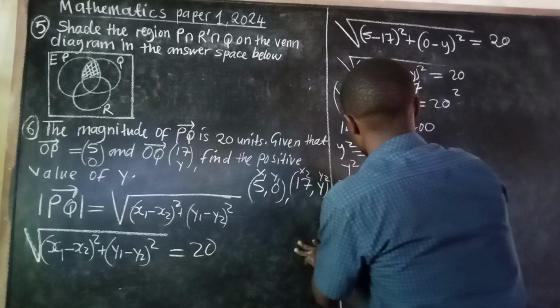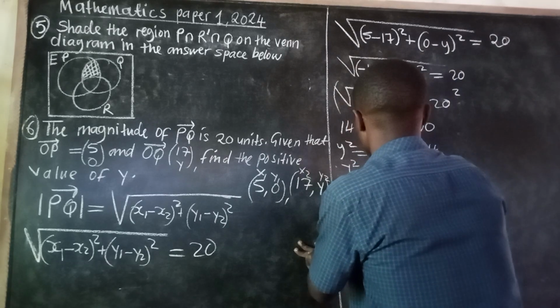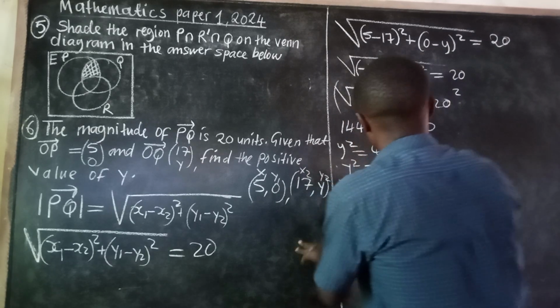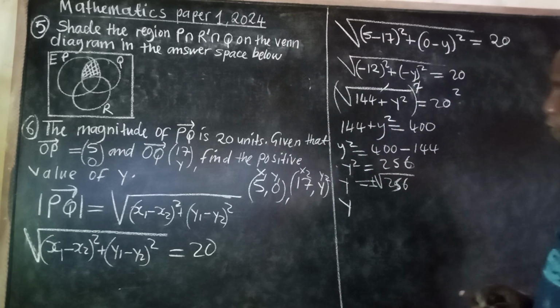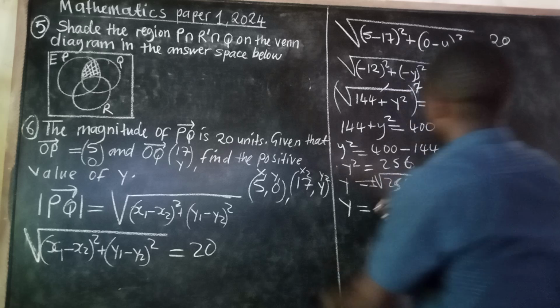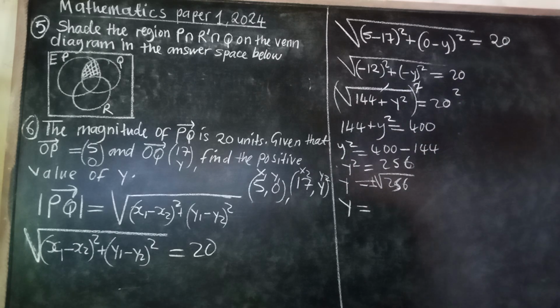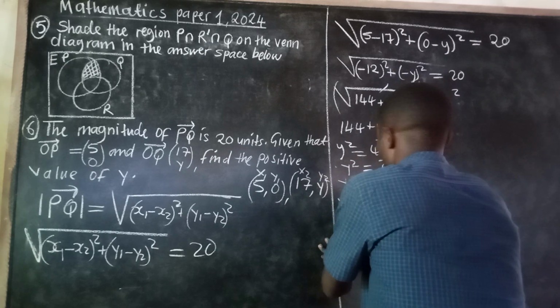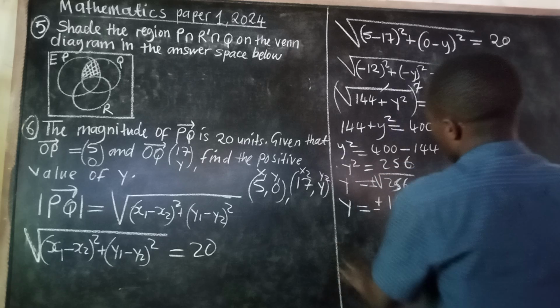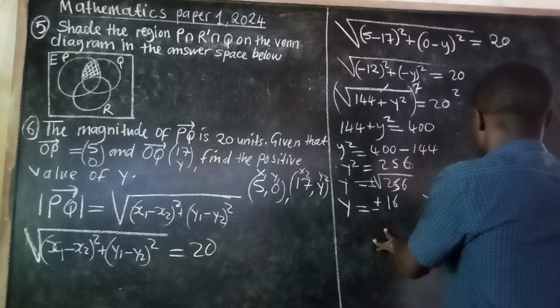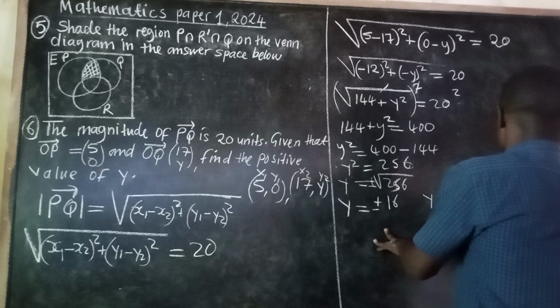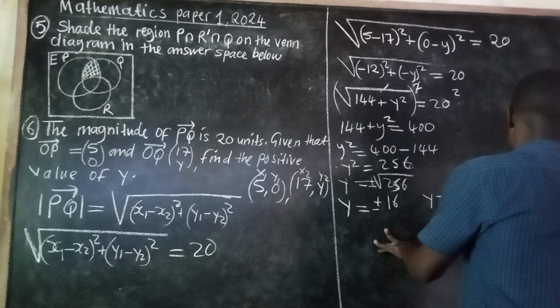The square root of 256 is what? The moment you introduce the square root, you should have positive and negative. So y is equal to the square root of 256, which is 16, so positive or negative 16. Therefore we have y equals 16 or y equals negative 16.